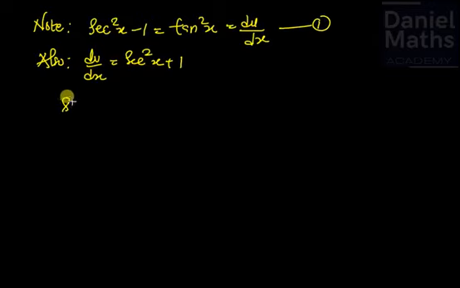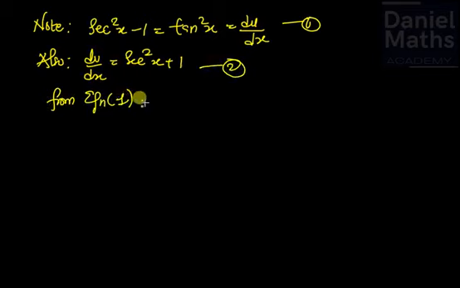It means that from equation 1 I can have that sec square x is equal to 1 plus tan square x. So this is what we have for sec square x.